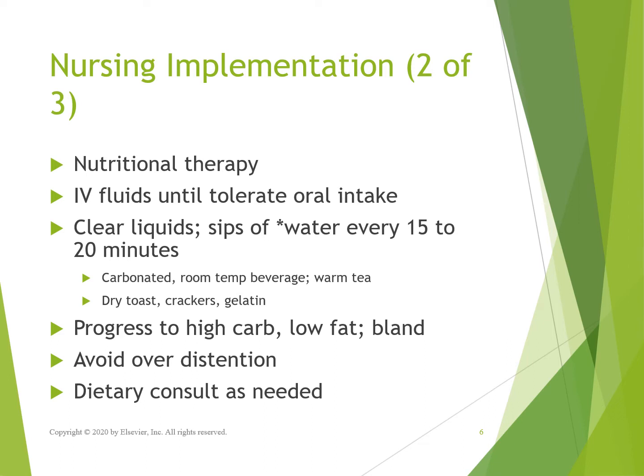Other things that are good are carbonated, room temperature beverages like a Sprite or a ginger ale, and then bland foods like dry toast, crackers, gelatin, and then eventually you can progress to a high carb and low fat diet. We just want to be careful to avoid overdistension and not eating or drinking too quickly. That could possibly aggravate the vomiting and nausea.